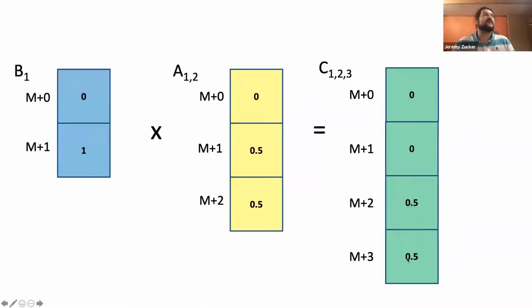So the result is that when you convolve B1 with A12, what you end up getting is this MID right here for C123. Does that make sense? Questions? We're still good. Okay, excellent.